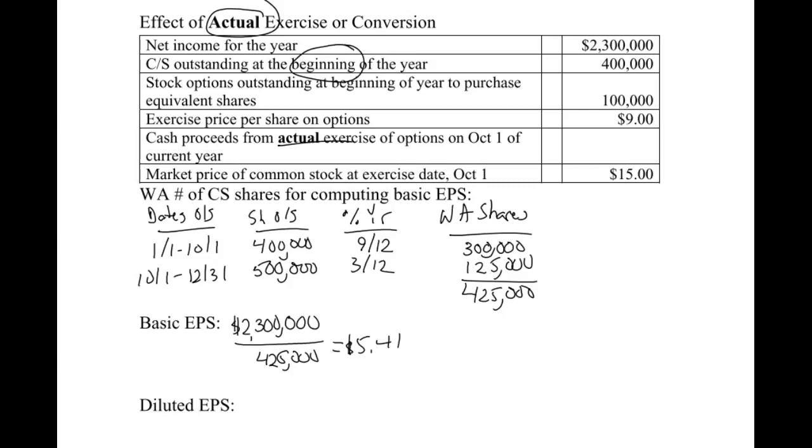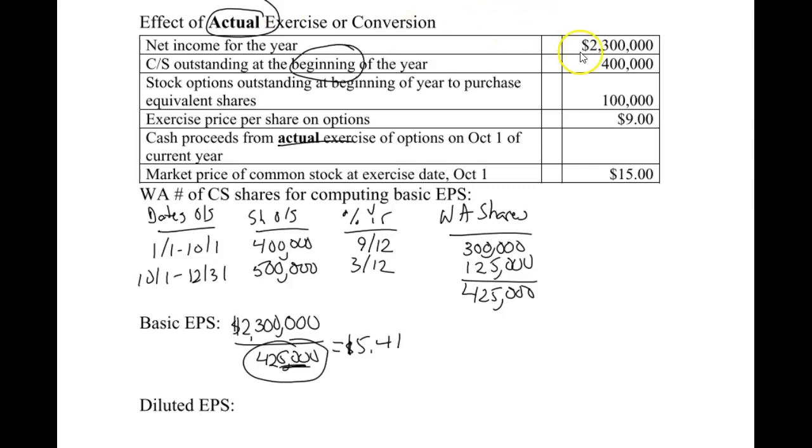This 425,000 includes the actual exercise of the option. But by rule, we want to go back and see what the dilutive effect would be had they been outstanding all year. This 425,000 accounts for October 1st to 12/31. We need to also account for the dilutive effect from January 1st to October 1st. That's what we'll do now.